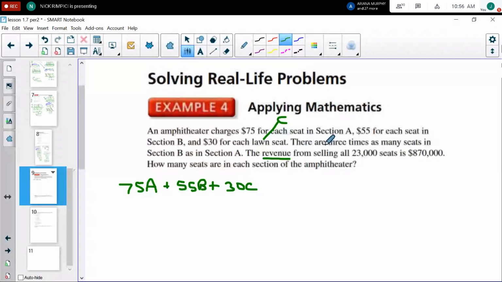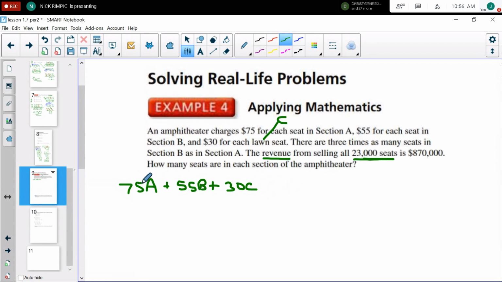There were three times as many seats in B as A. Well, that's important, but I'm not ready yet. The revenue from selling all 23,000 seats. A common mistake is students write down that this equals 23,000, and that's wrong. 23,000 is not the money. 23,000 is a number of seats.